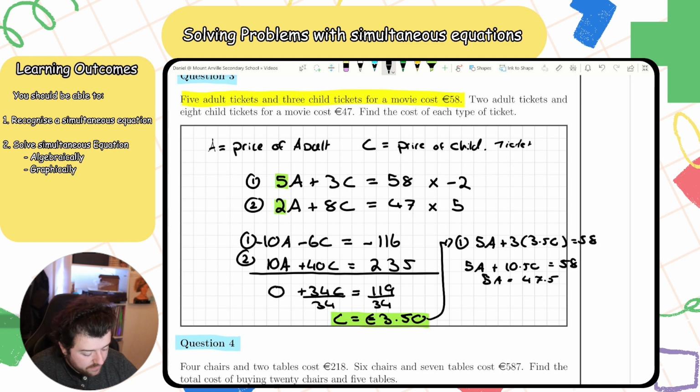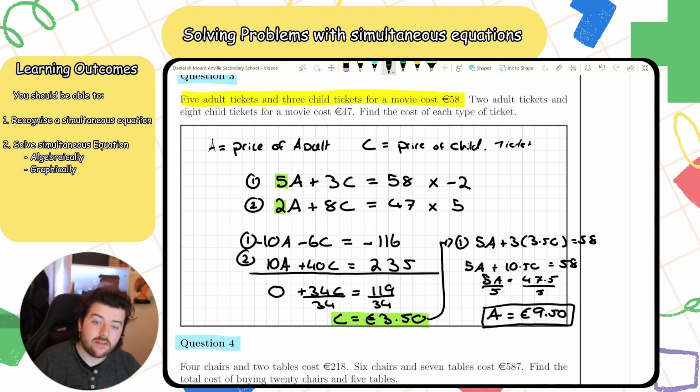Divide by 5. I get an adult ticket is equal to 9.50, since 47.50 divided by 5 is 9.50. And that makes sense. An adult ticket would cost more than a child ticket.